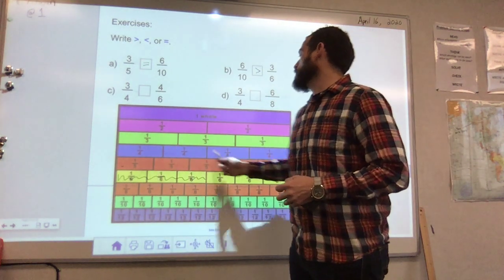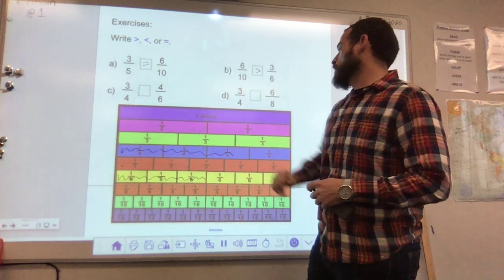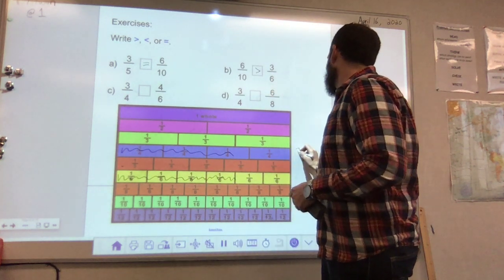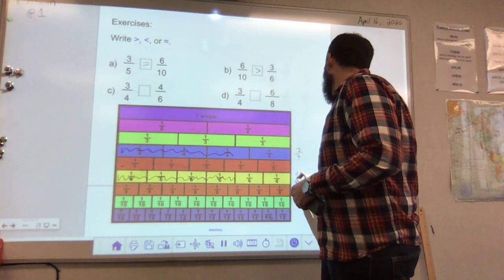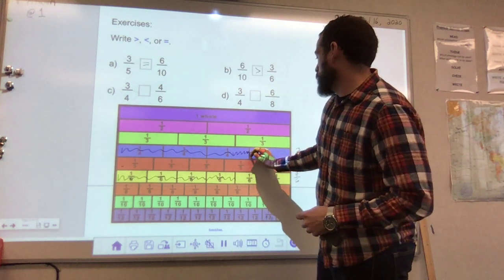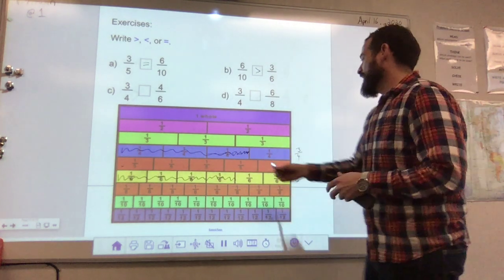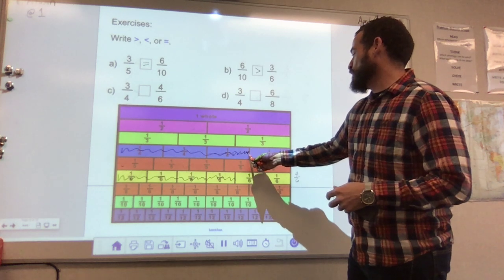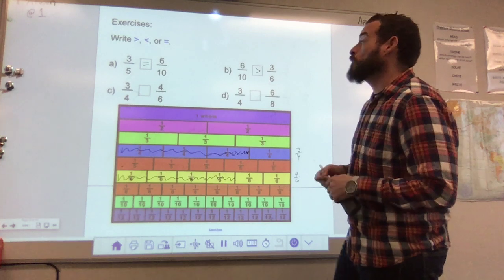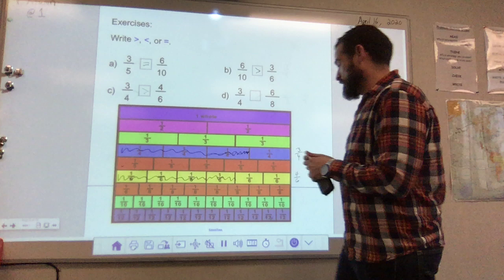So I look for my 4ths here. 1, 2, 3. And then 4/6. So I colored in 3. I'm going to color in 1 more. I've got 3/4, 4/6. And make sure I color that in all the way so I don't confuse myself. If I look here, we've got 3/4, and that comes down past the 4/6, so 3/4 is greater than 4/6.